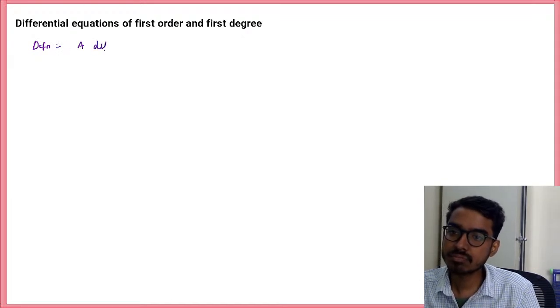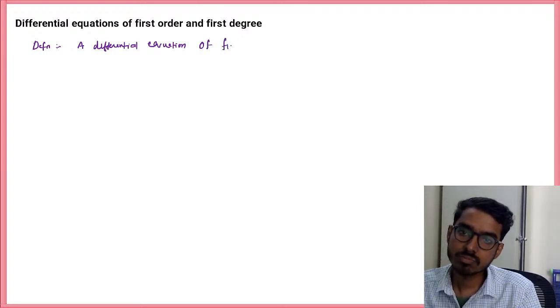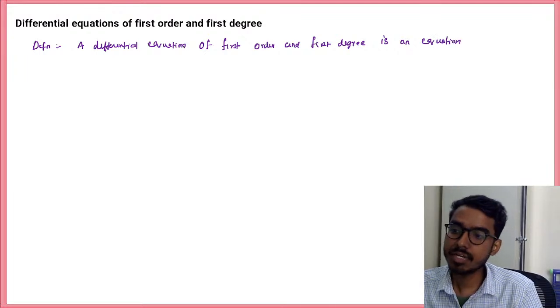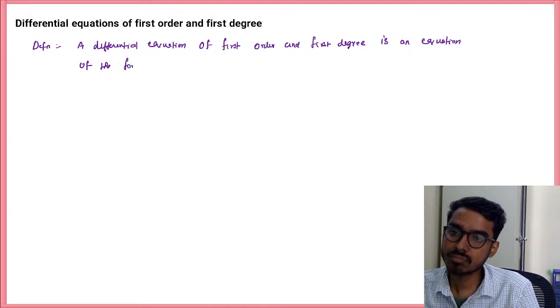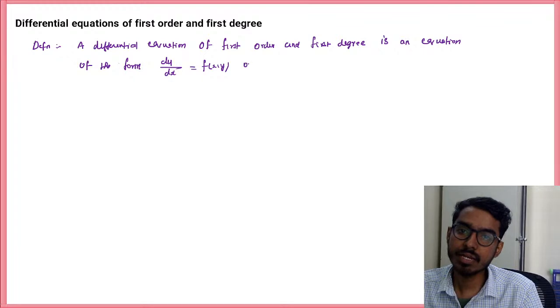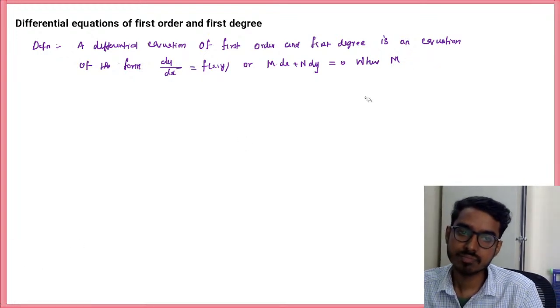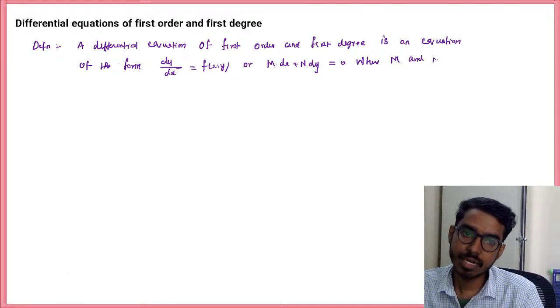A differential equation of first order and first degree is an equation of the form dy by dx equal to a function of x comma y, or it can also be of the form M dx plus N dy is equal to 0, where M and N are functions of x and y.